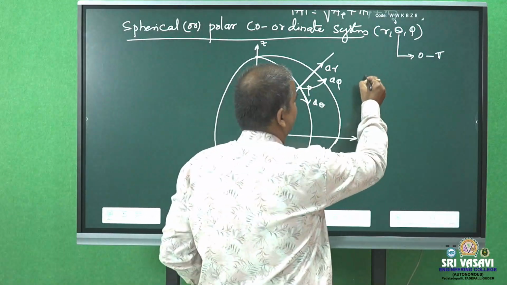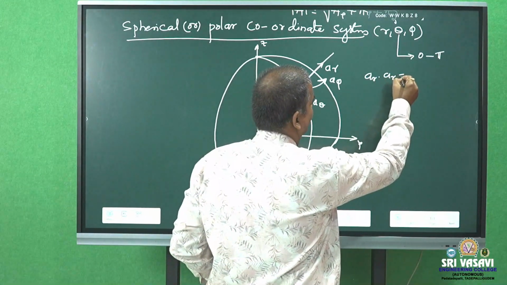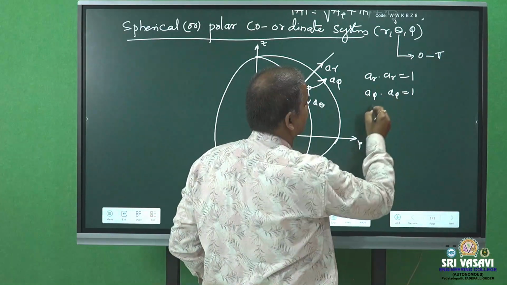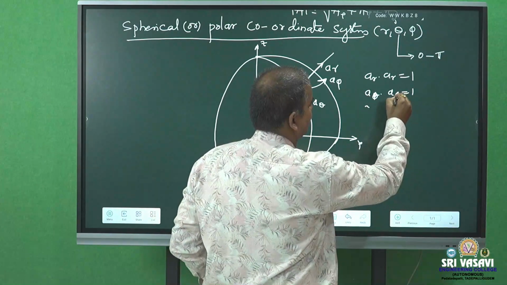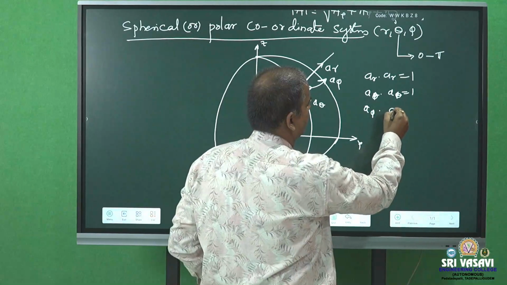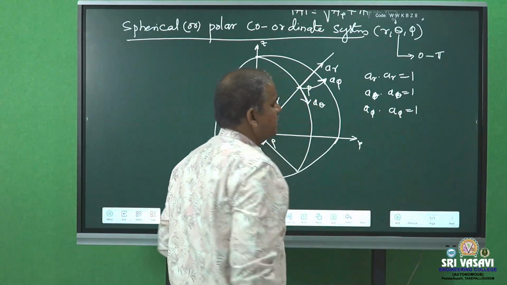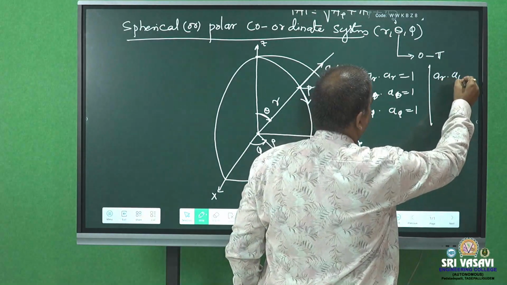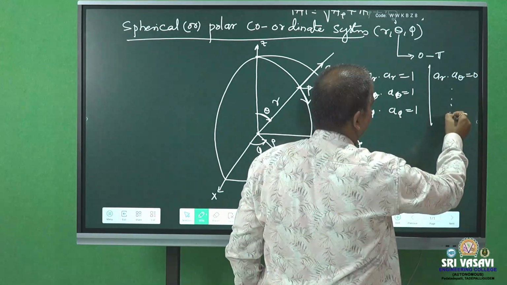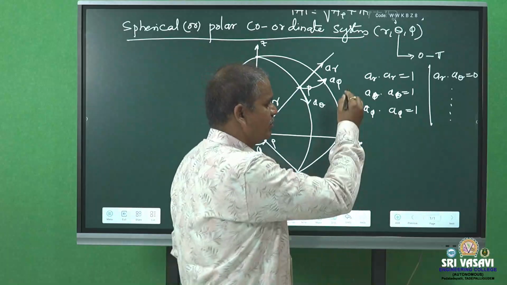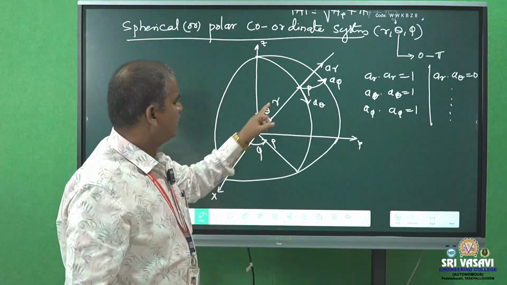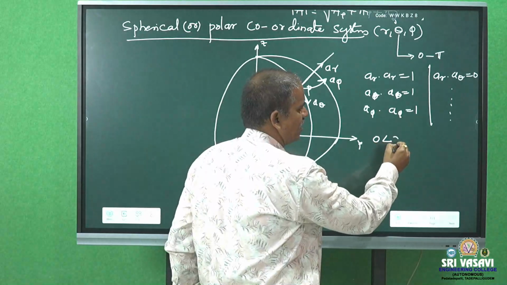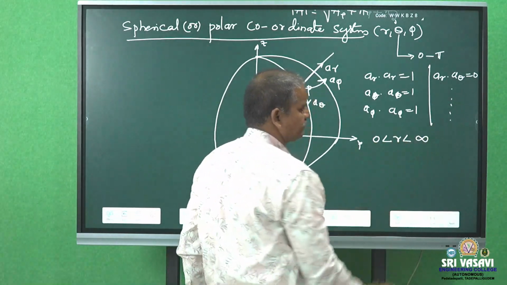Same process: a R dot a R equals 1, a theta dot a theta equals 1, a phi dot a phi equals 1. By the vector identity, a R dot a theta becomes 0, and similarly for the remaining pairs. Coming to the ranges, R starts from 0, so 0 less than or equal to R less than infinity.